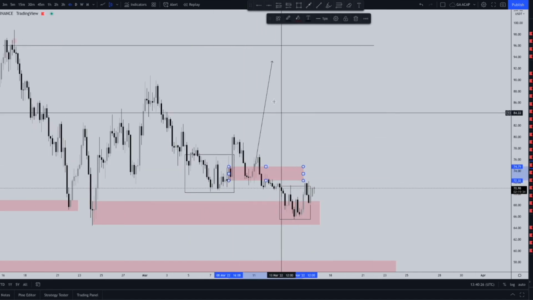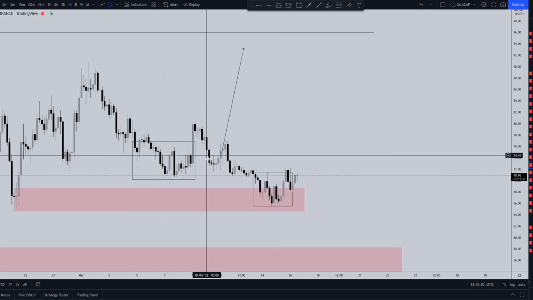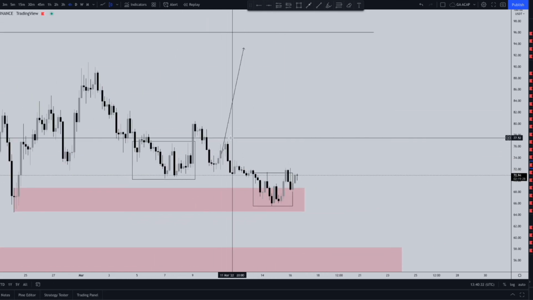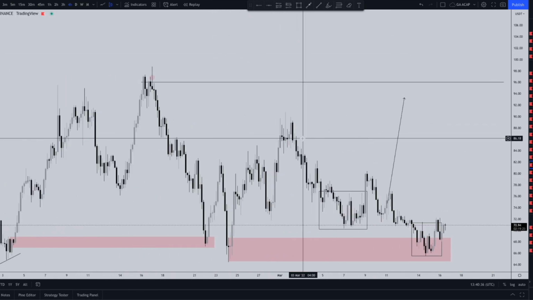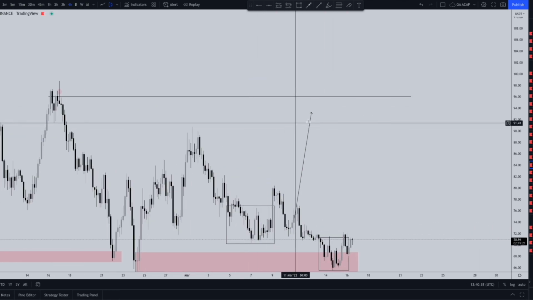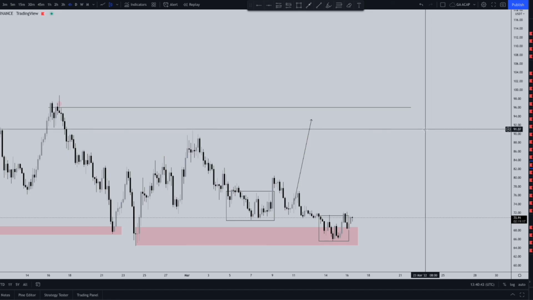Let me just get rid of this demand zone because it was invalidated. So there is a very strong supply zone over here. We could possibly liquidate this and these areas, and possibly even this area, in order for us to reach the $100 mark. But until then, we're going to have to wait and see what occurs.